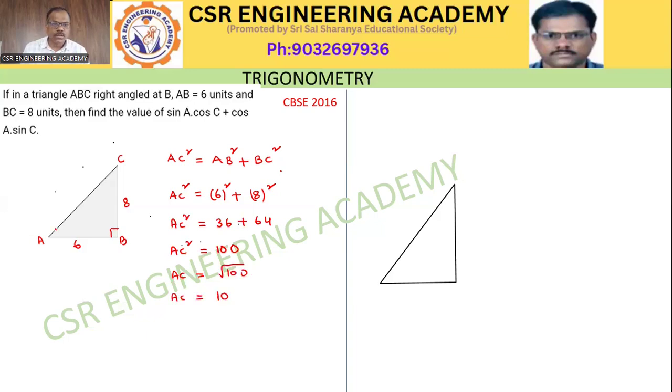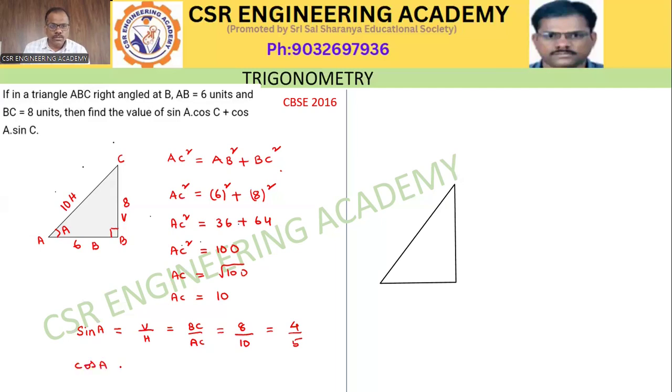Now consider angle A. BC is equal to vertical side, AB is equal to base, AC is equal to hypotenuse. Sine A is equal to vertical side by hypotenuse, that is equal to BC by AC, is equal to 8 by 10 is equal to 4 by 5.